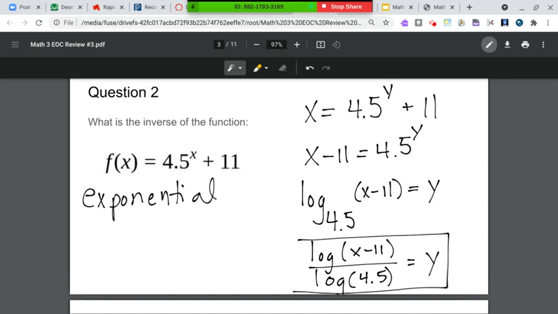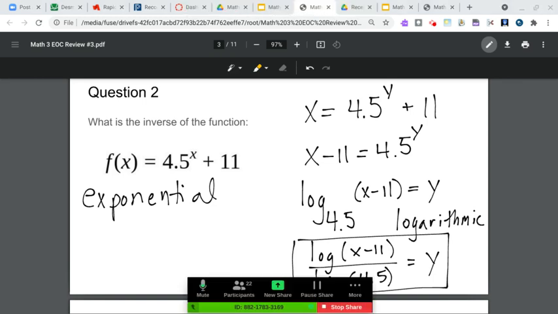When I stick this into Desmos, I should see the functions reflect over the line y equals x, because that's indicative of inverse functions. Notice our inverse function is a logarithmic function. Follow those steps. Switch x and y, solve for y.